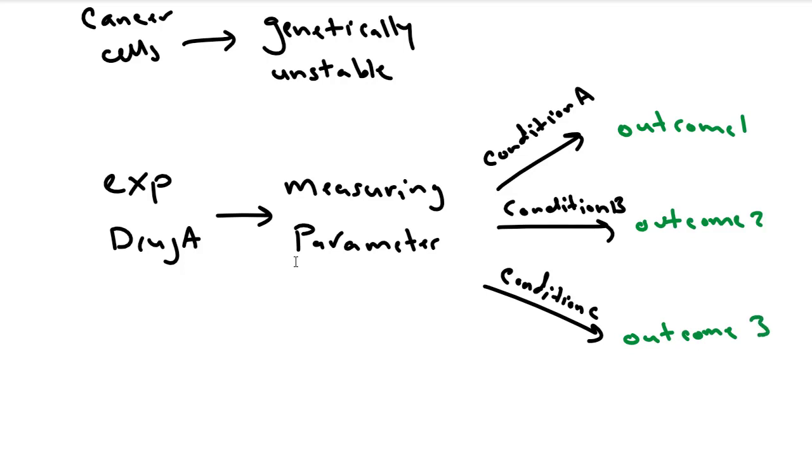Now, in some cases, it could be part of the experimental design to change the conditions because you're measuring something very specific and you want to see how changing the conditions affects that measurement. But the one thing that you might not want to change is the cell population and how your cells behave.